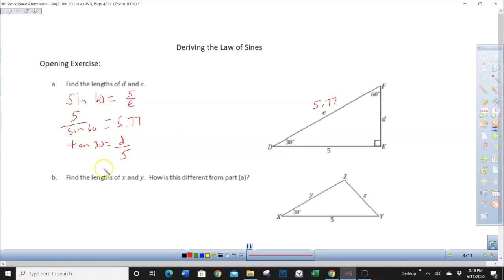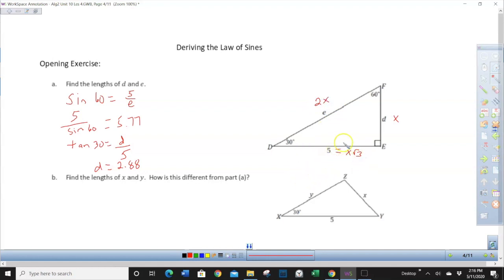So I do 5 times tangent of 30, and I get D equals 2.88. Since it's a special right triangle, a 30, 60, 90 right triangle, I know that the long side is equal to x times the square root of 3. I know the short side is equal to x, and I know the hypotenuse is 2x.